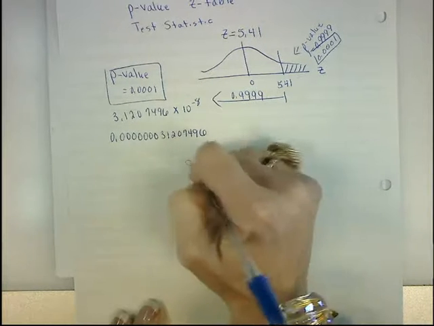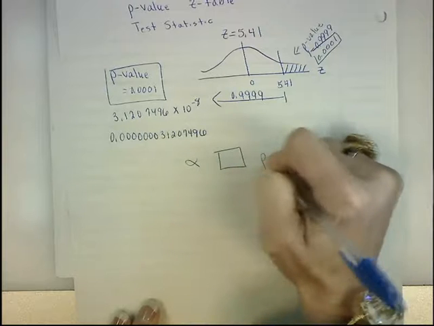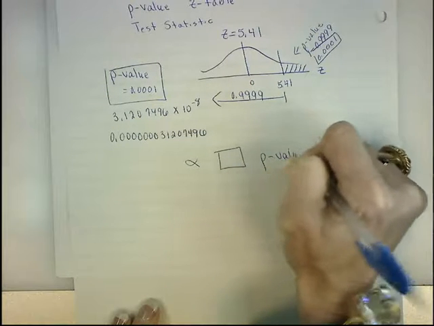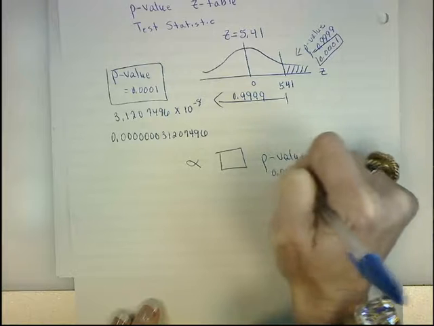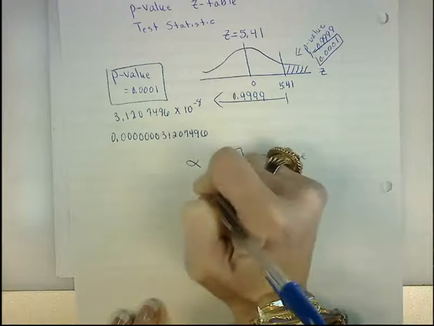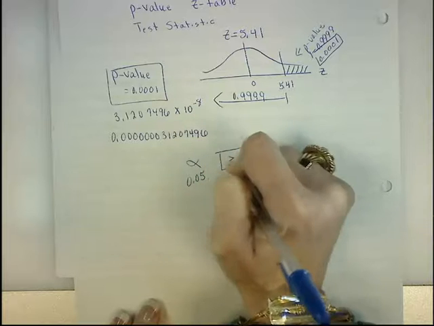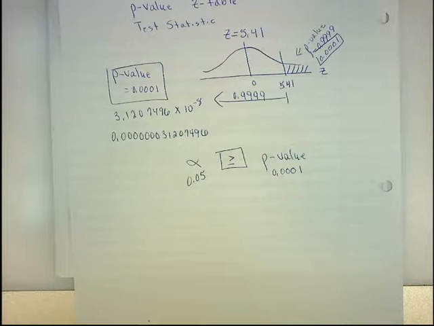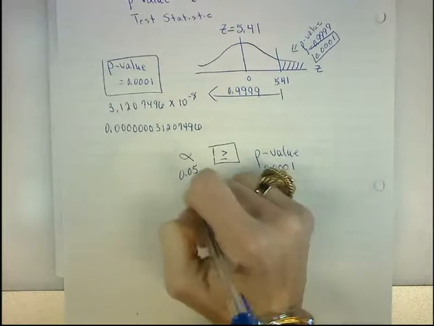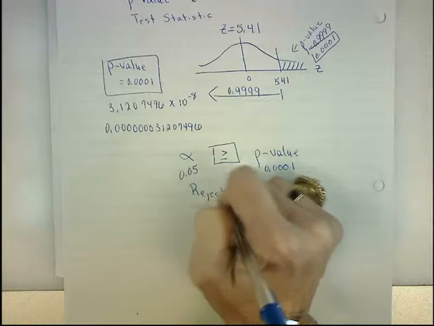Decision time: alpha versus p-value. I'm going to use the one that I got by hand, but it really doesn't matter. And alpha was given to be 5%. I think you can see that alpha is larger. And when alpha is larger than the p-value, you reject the null statement.